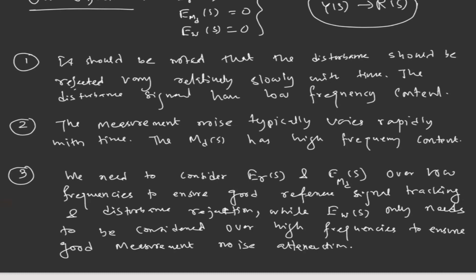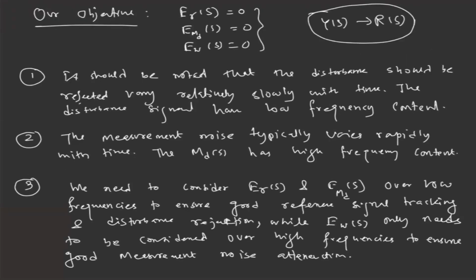So this is an important point while designing the control system: how we can design suitable control algorithms such that over low frequencies, it can reject the tracking error and the error due to the disturbance. Now, let's stop here. We'll continue from the next lecture how we can choose the control transfer function or controller in such a way that this condition can be achieved.